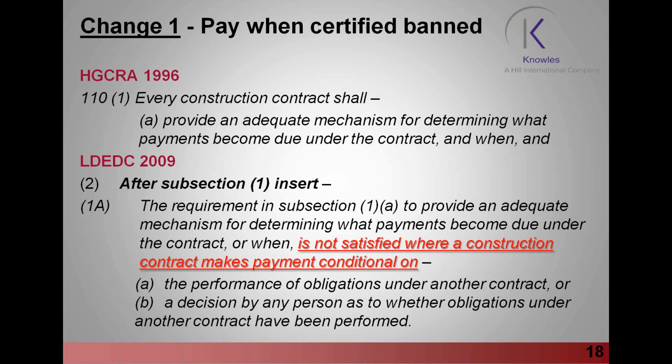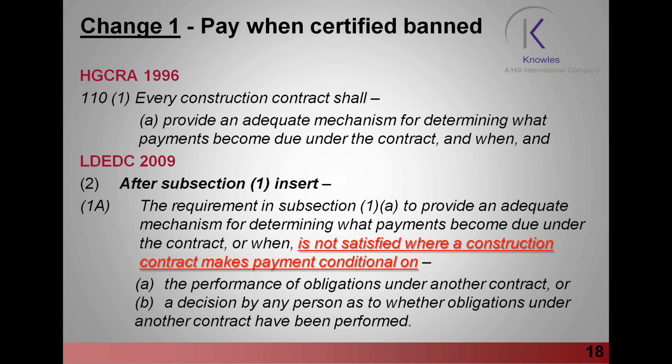So in other words, this is an attempt by this new piece of legislation, the Construction Act 2009, to actually snip the link and to prevent pay what's certified or pay when certified.